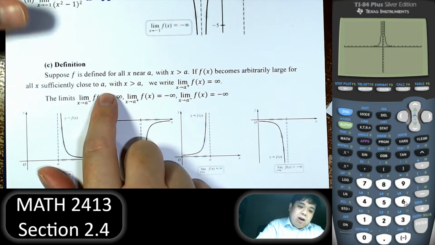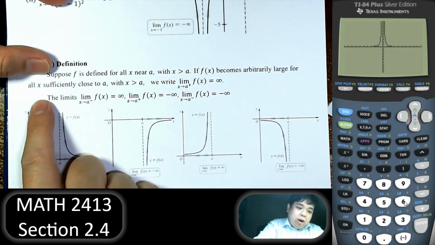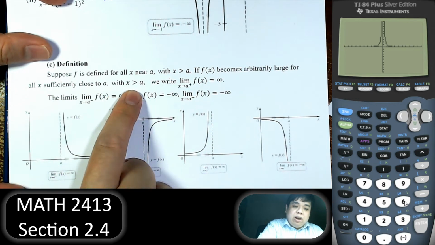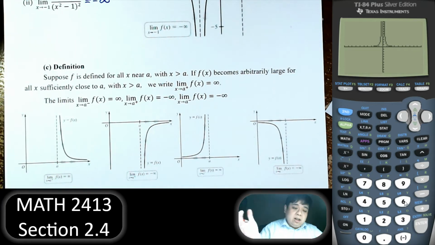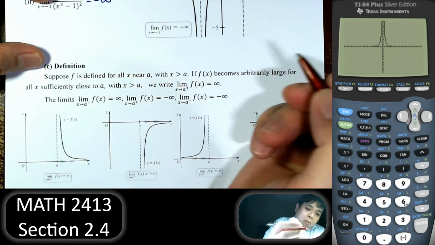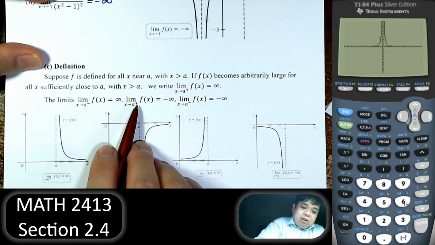Now, suppose a function is defined, and f of x becomes arbitrarily large for all x close to a with x greater than a. In this definition, we define the infinite limit, but for one side only, from the left or from the right.